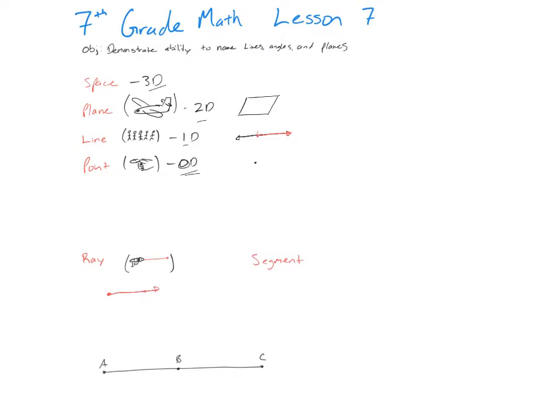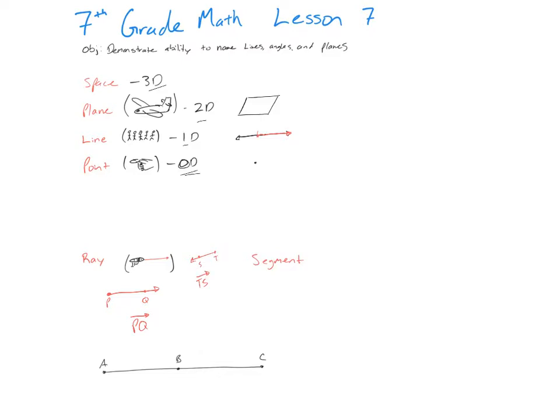So maybe this starts at P, and this point is Q. So we name this PQ, and we put a little line above it pointing off to the right. But we always start with its starting point, where it starts. Even if the ray was going in this direction, and this point was T and this point was S, we'd name it TS. Like that.